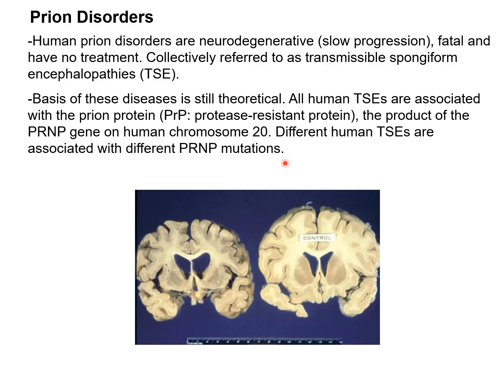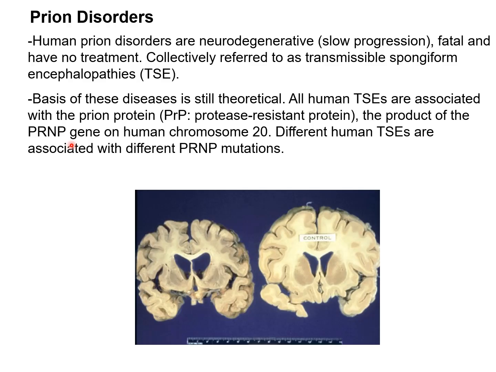Now, the underlying cause of these diseases is still theoretical, and there's a lot of research that still needs to be done for us to completely understand what happens with TSEs. So all of these TSEs are associated with one protein, which is the protease resistant protein, or PRP. This PRP exists in us. It is the product of a gene on the human chromosome 20, and that gene is the PRNP gene.